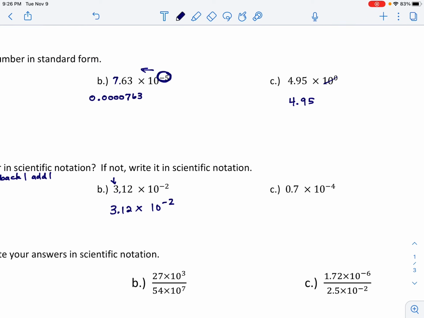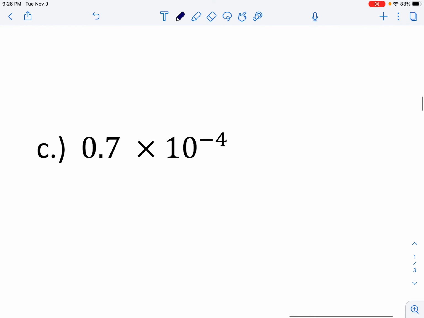All right, looking at C, 0.7. Do we have one number that is between 1 and 9 in front of the decimal place? No, 0 is the one that's in front, and that is not a correct number, so we can't use that. So we're going to have to move our decimal place 1 to the right.